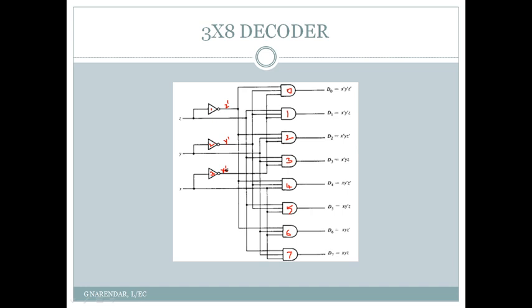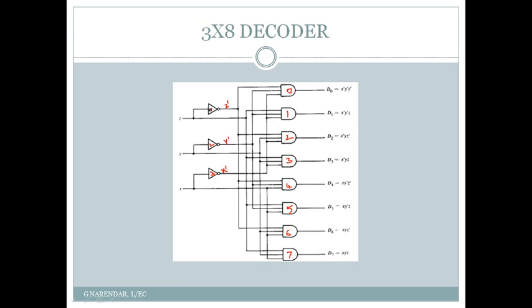So now we are provided with the variables in complemented form also. In order to obtain the D0 output, apply X bar, Y bar, Z bar as inputs for the 0th AND gate. X bar is applied as the first input, Y bar as the second input and Z bar as the third input. It will produce the AND term of these three variables, X bar Y bar Z bar.